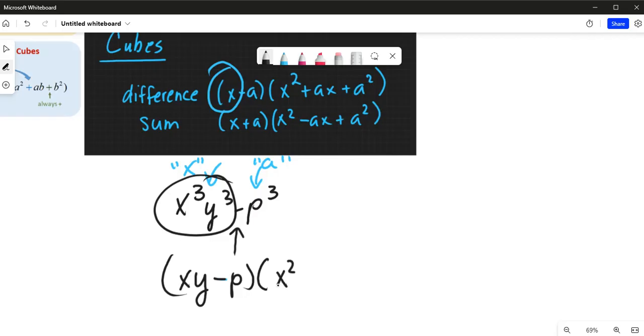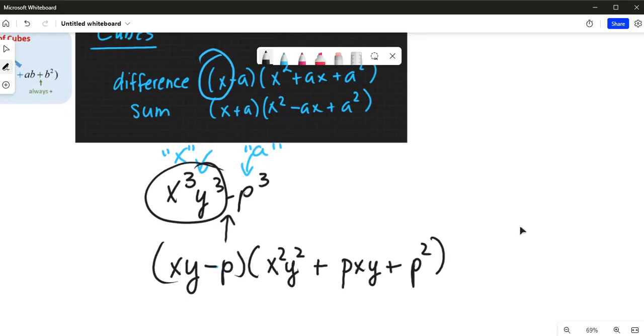So x squared y squared plus a times x. That's going to be p times xy, so pxy, which can be in any order. And then the last thing is the a term squared. In this instance, that's p squared.